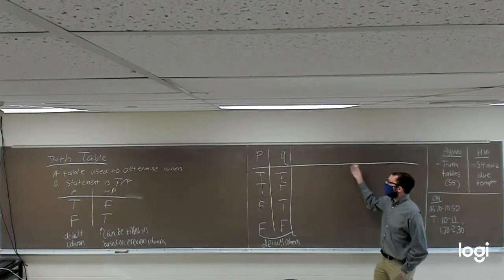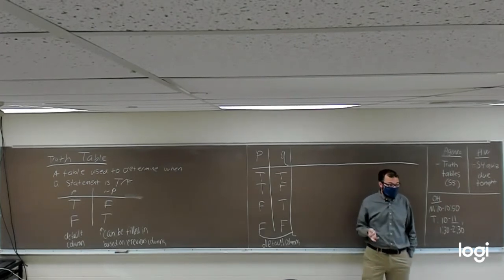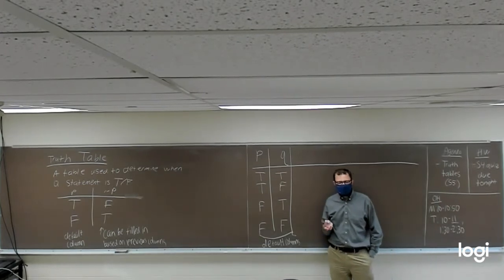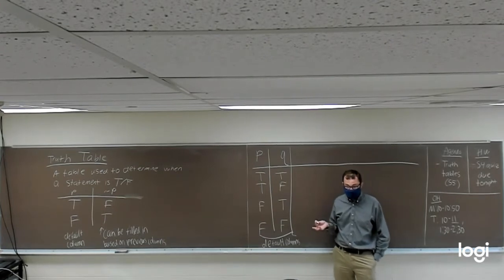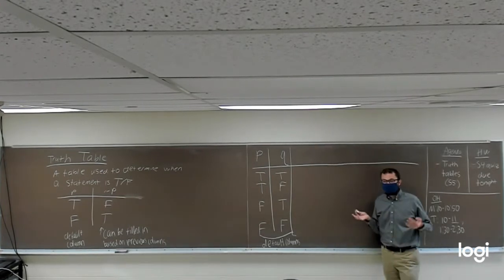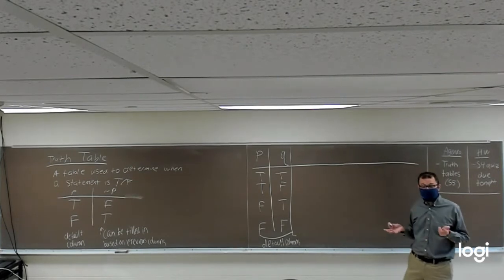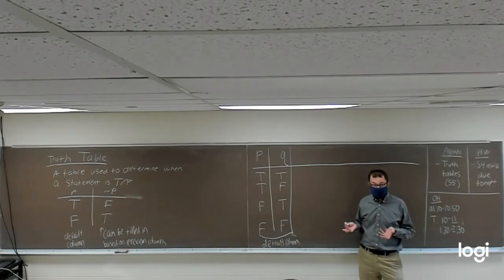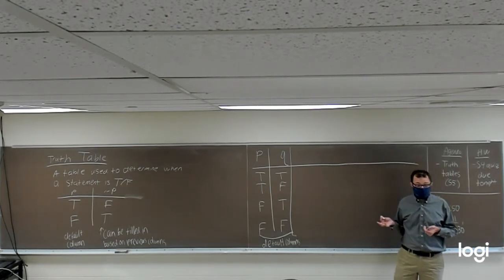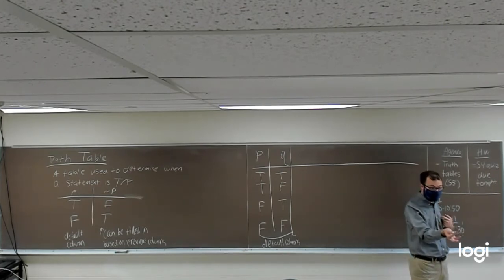And so for our other columns this time, I'd like to think of what are some compound statements that we can construct using statements P and Q. We've looked at several different ways of combining two statements, P and Q, into a single statement now. What would be an example of one way that we could combine the two?